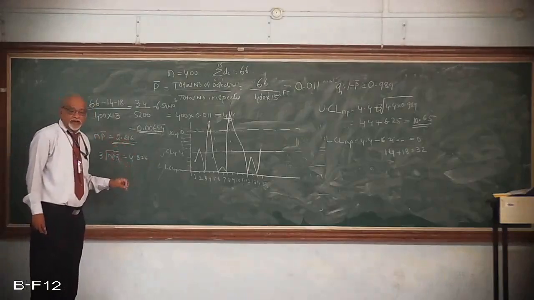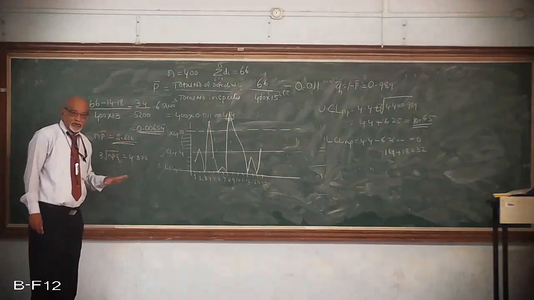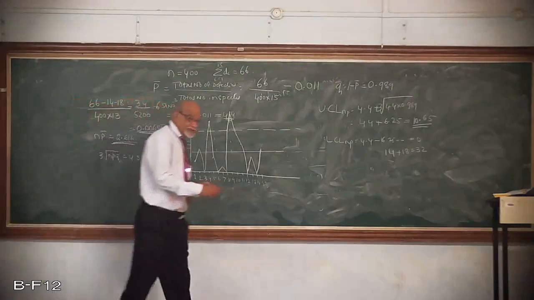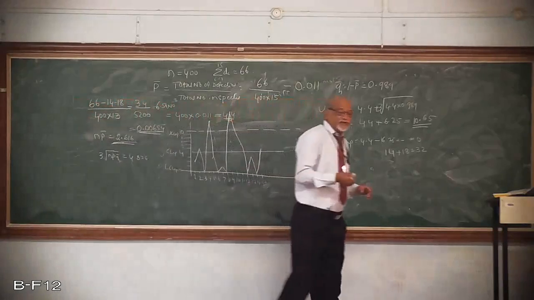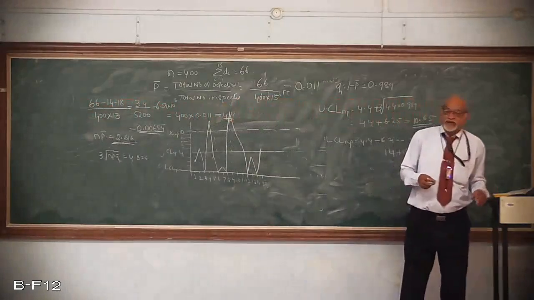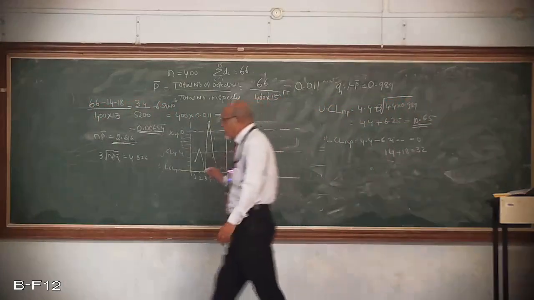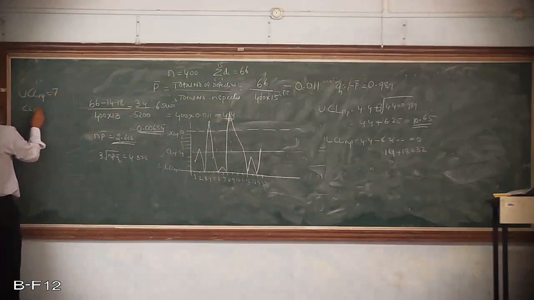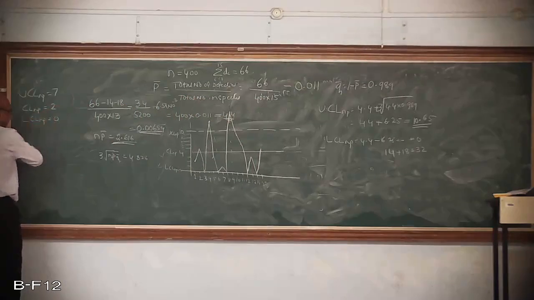So the revised trial control limits, I call them now, earlier it was trial control limit, now it is revised trial control limit. The revised trial control limits are: upper control limit, in short I'll write, is 7, central line is 2, lower control limit of the NP chart is 0.